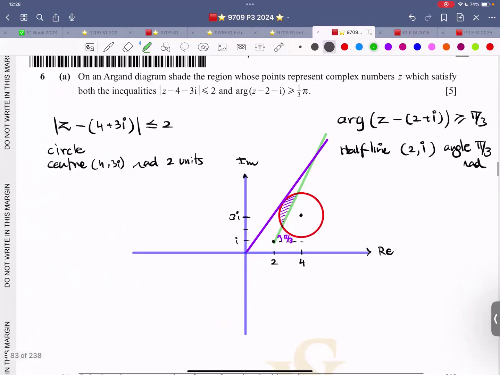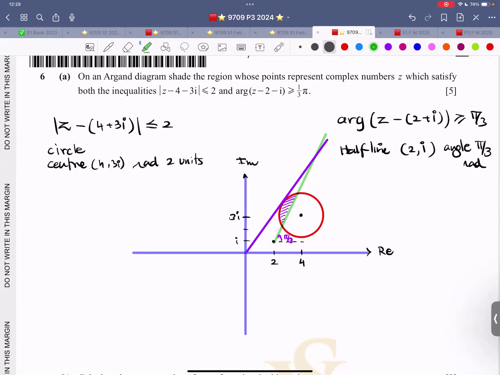Question number 6, read this part, evaluate the scenario. It says on an Argand diagram, shade the region whose points represent complex number Z which satisfy both the inequalities.